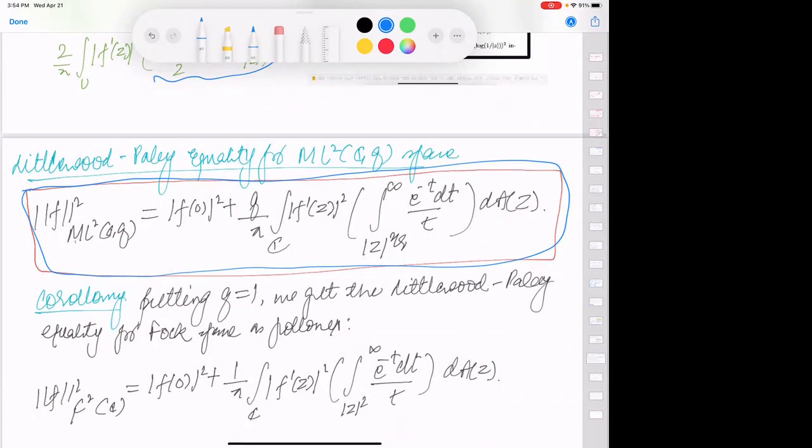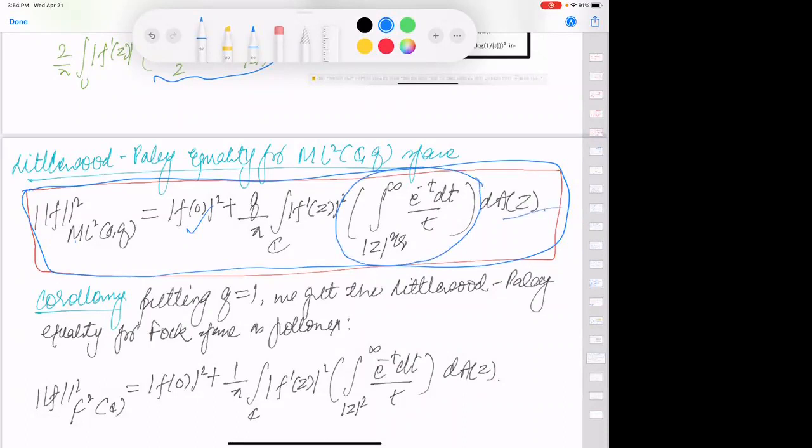The Dirichlet norm for a function which belongs to ML2 is going to be equal to |f(0)|^2 plus q over pi times the integration over the whole complex plane of |f'(z)|^2 multiplied by this quantity with respect to the area measure.